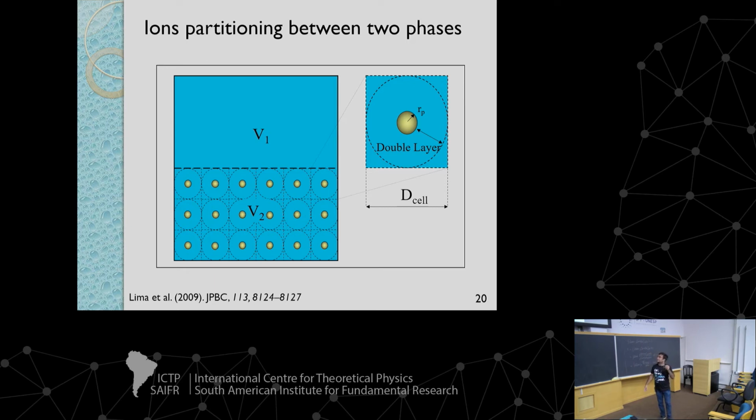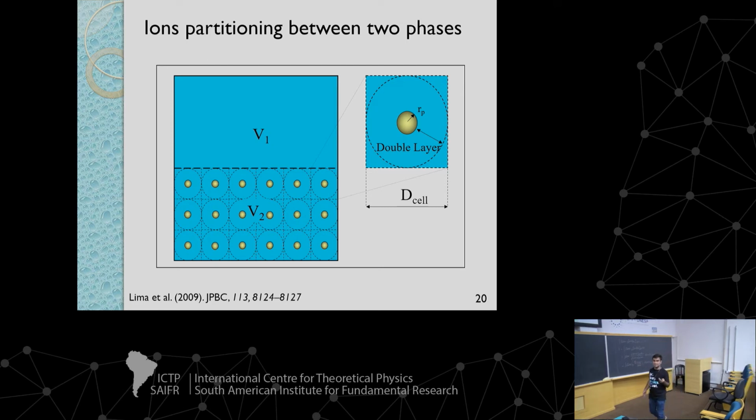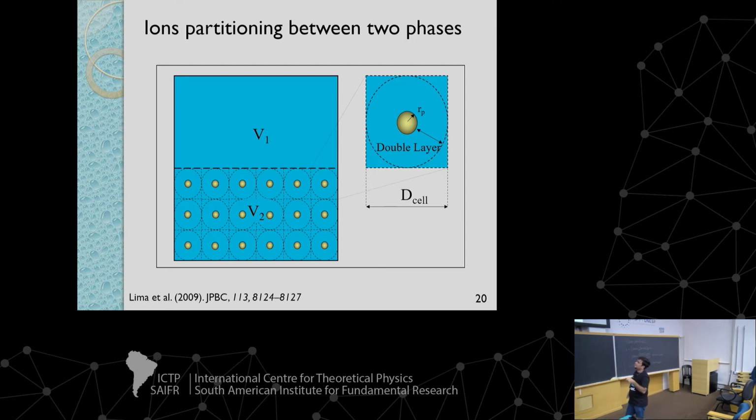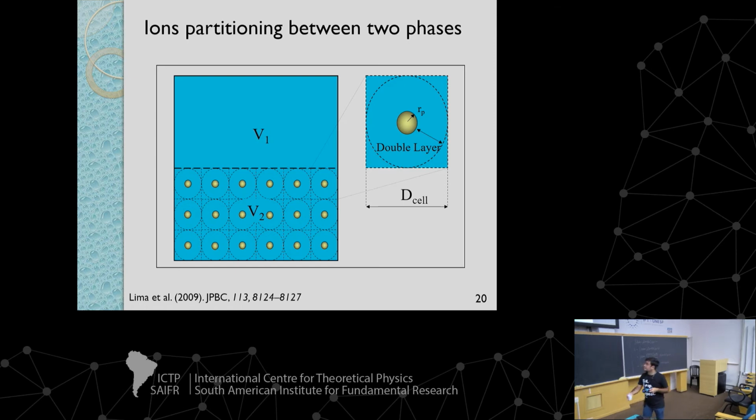Okay, you may be surprised by this. Is it going to work? I was not expecting that it should work because we are considering that we have simple spheres and that they are far from each other, so that the double layer around one sphere does not affect the double layer around the other sphere. And from this, we try to calculate the ion partitioning in the system.